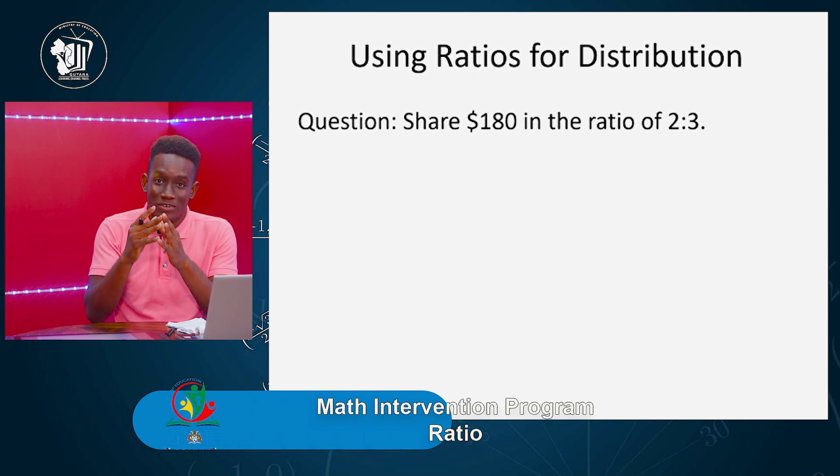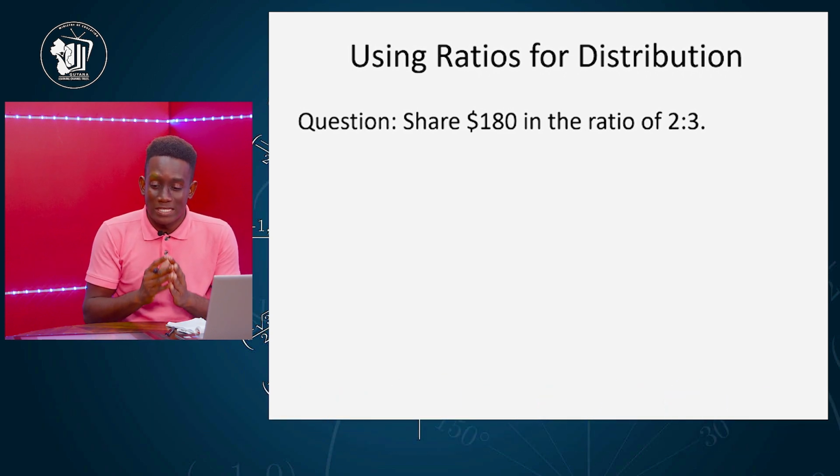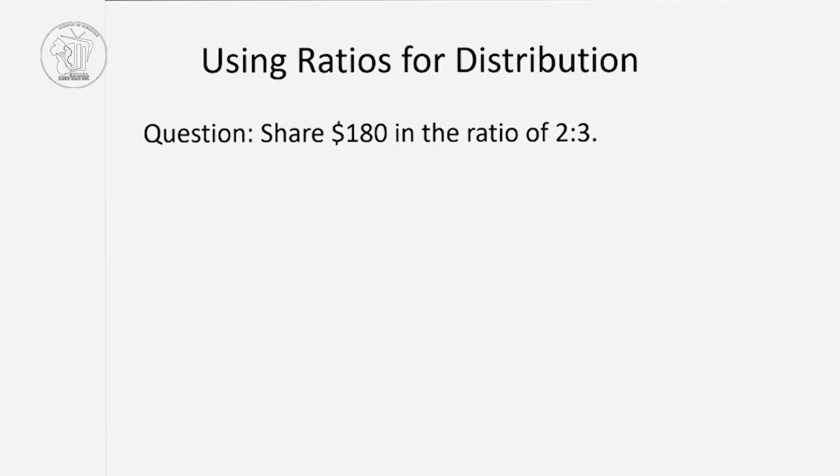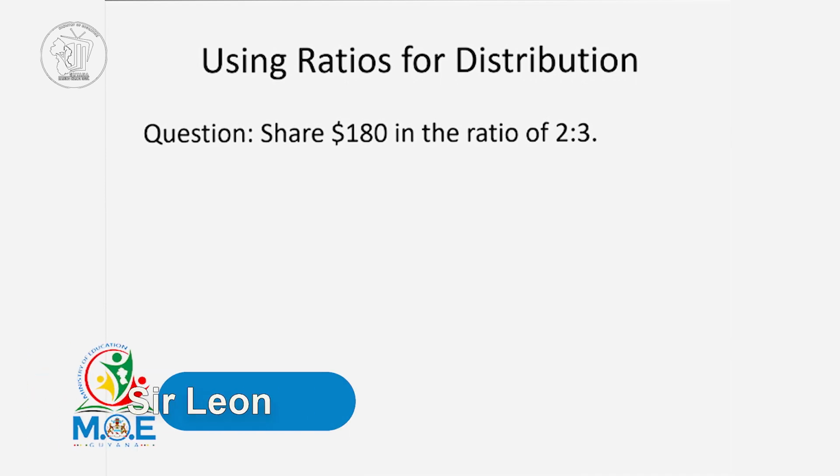This will tell us how much the 2 shares would be. So $180 is shared in the ratio 2 to 3. In total, 2 to 3 represents 5 shares because 2 plus 3 is 5. So the 180 has to be shared in 5 shares.